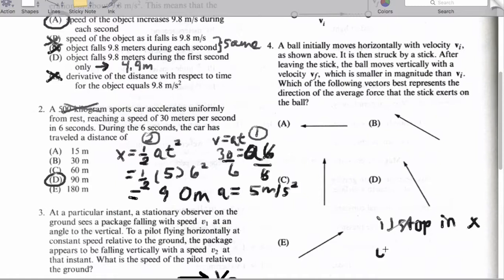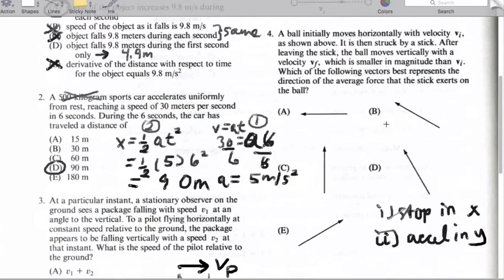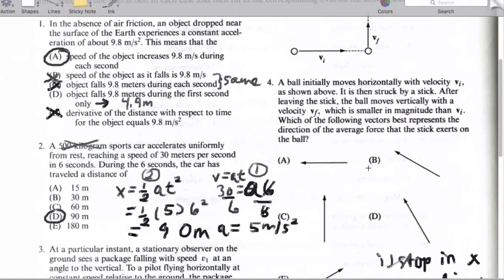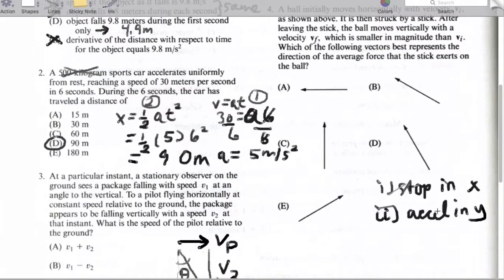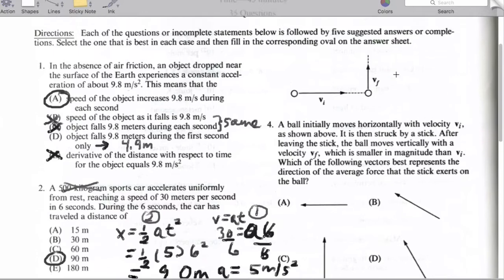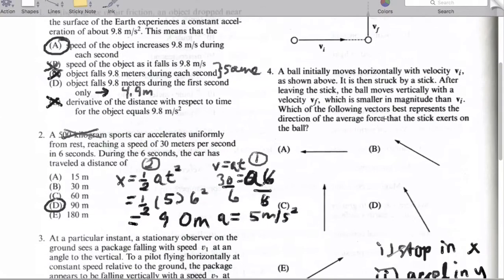And then what I need to do is accelerate in the y direction. So I need a force that can do both of those things. So that is going to rule out quite a few of these. The other thing is that I need to accelerate in the y, but I can't have it be so gigantic that it's bigger in magnitude than this v initial.